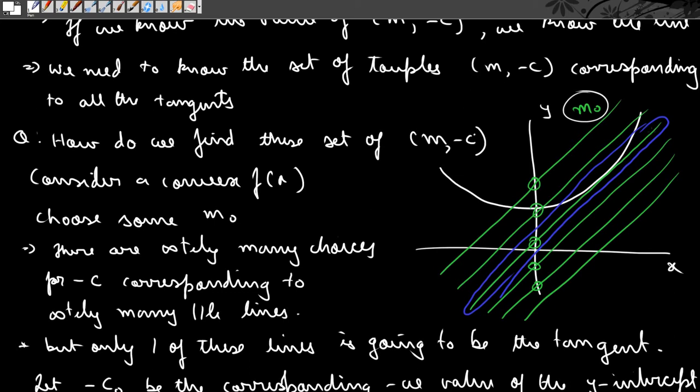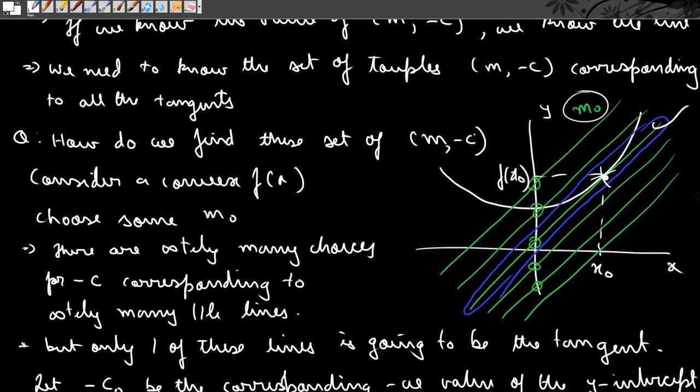Since we want to find the line which is the tangent, the condition for the value of c naught is the one where a particular point of the function, which we call x naught f of x naught, must lie on this line, and the slope of this line should be equal to the slope of the curve at the point of contact. So using these two facts, we can calculate the value of c naught.